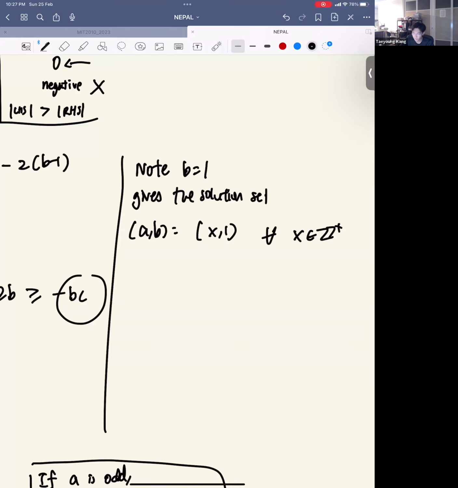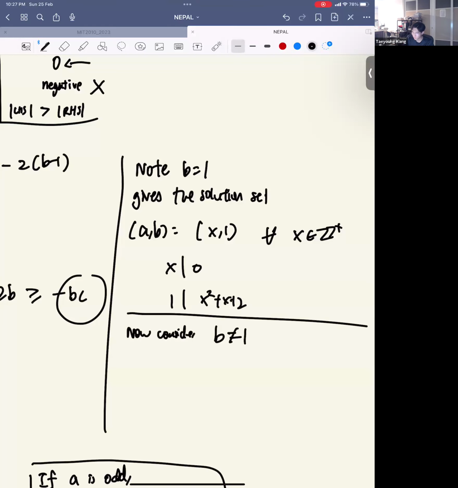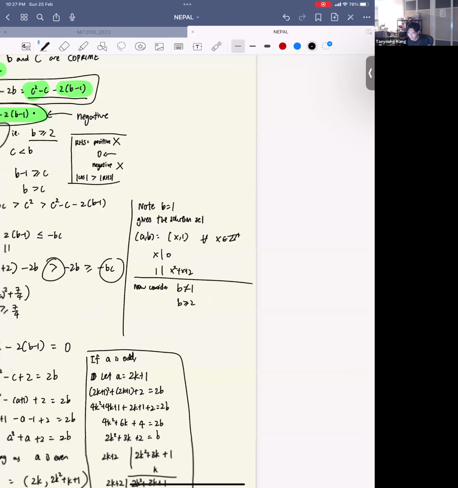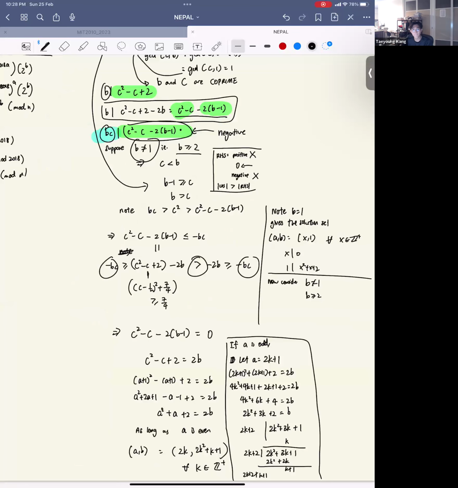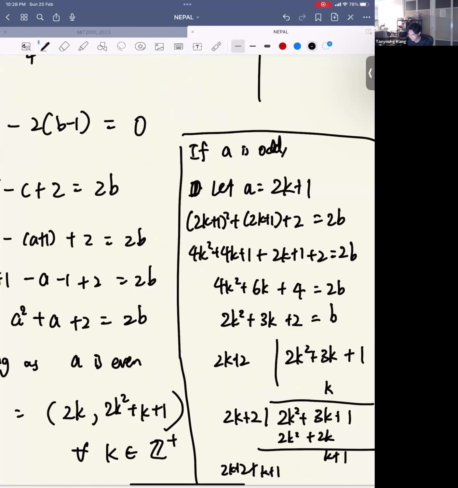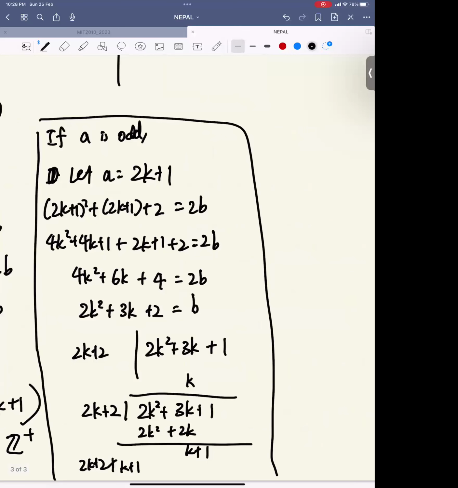And that's obviously true because x divides 0 and 1 divides x squared plus x plus 2, right? So after this, we just state that now consider b not equal to 1. So b is at least 2. And then the rest of the proof works. Yeah, let's proceed.